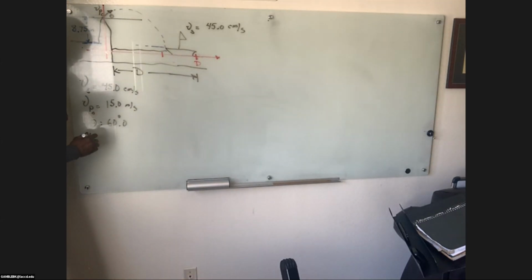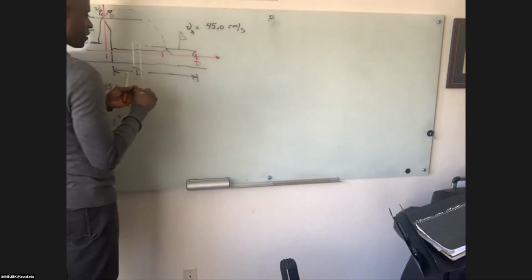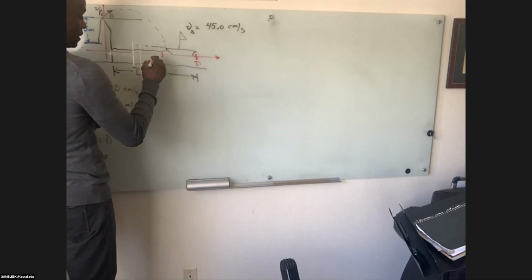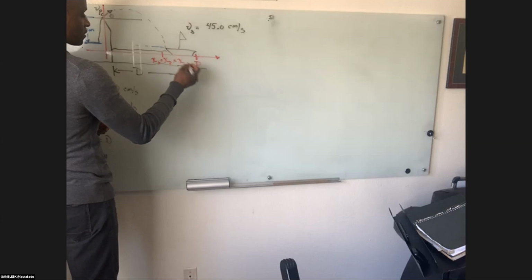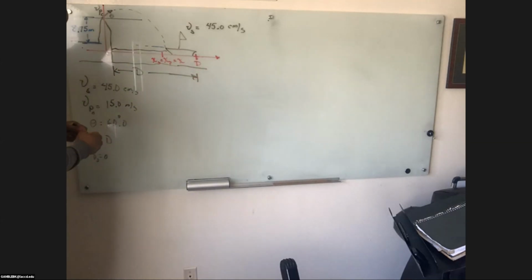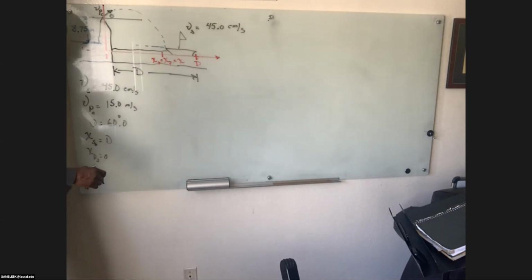X S naught is equal to D, and X P naught is equal to 0. Then they come forward and they hit at some point. Let's call that X, the final position XS of the ship. That equals the final position of the projectile. They're the same, so I'm just going to call that X. But all that's implicit information. That's how those equations are going to come in to be valid.